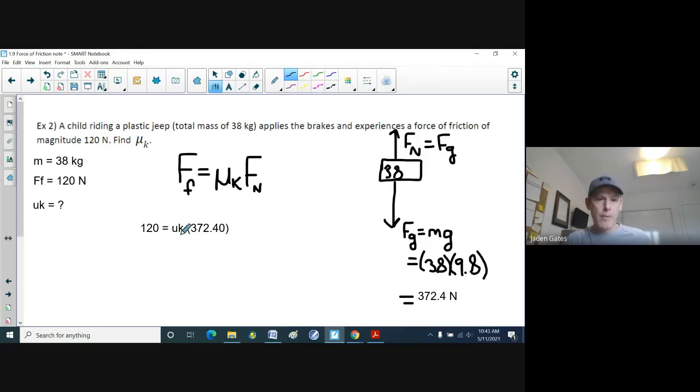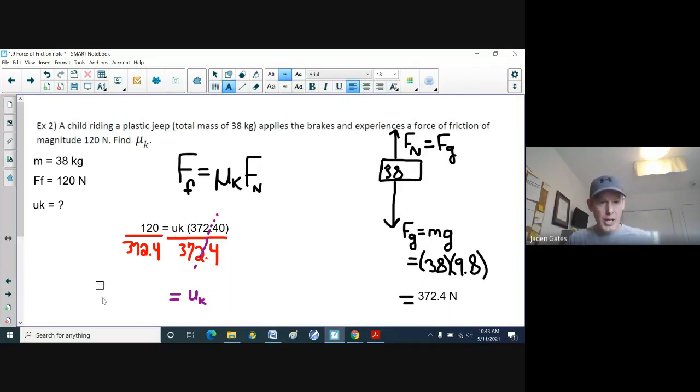All right, now I want to get mu k by itself, so I'm going to have to divide both sides by 372.4. What I do to one side, I do to the other. These divide each other out. And so mu k, that's our rating, there's no units here.